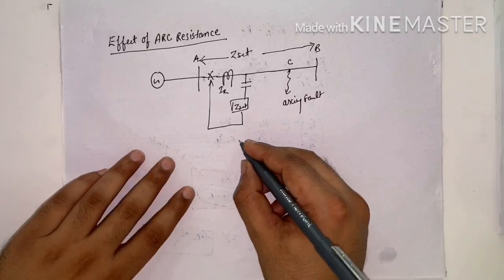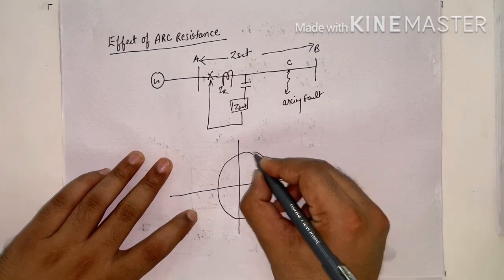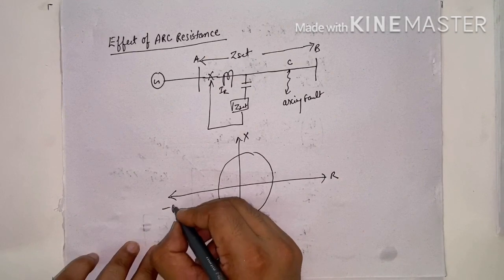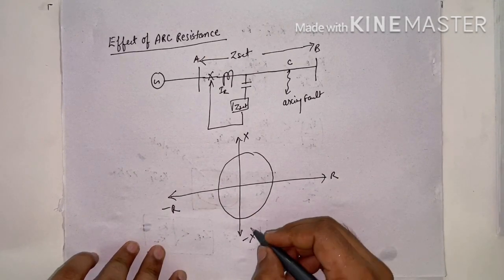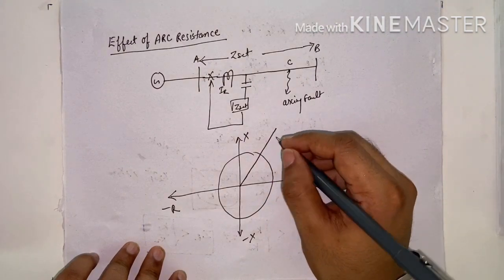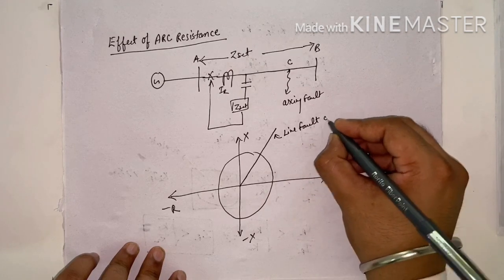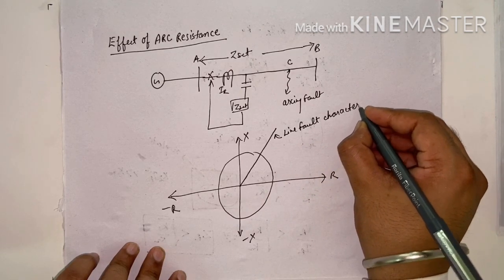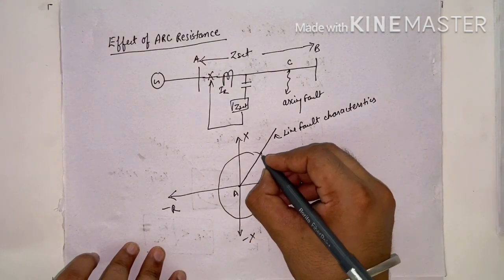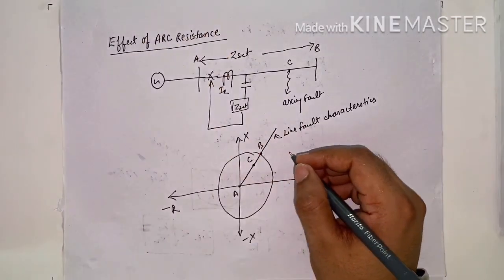Now we will see again with the figure. This is the figure diagram, this is X, this is resistance, this is negative resistance, this is negative reactance. Now this is the operational condition characteristic of this fault, this is the line fault characteristic. We will consider this is point A and this is point B, and the fault happens at C. Now consider the effect of arc resistance.